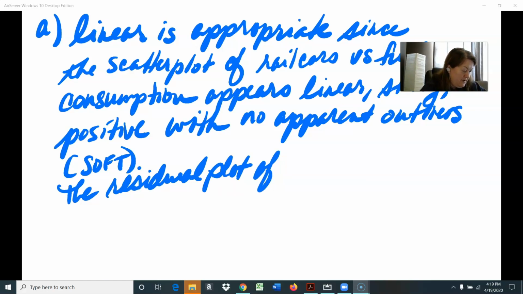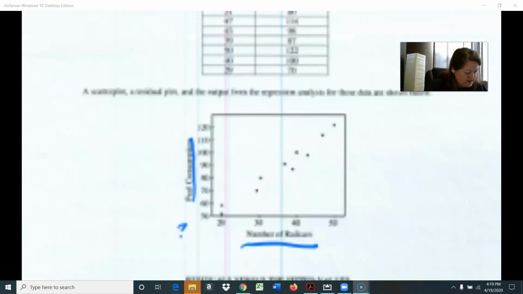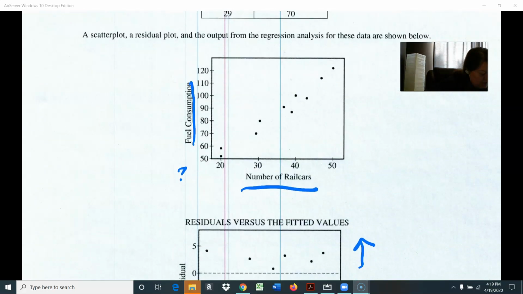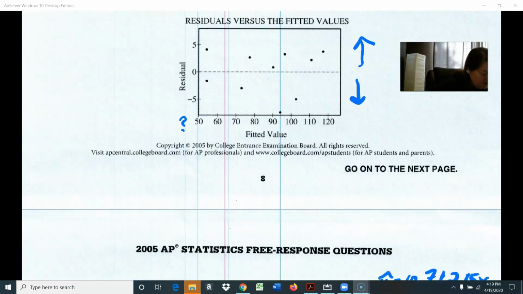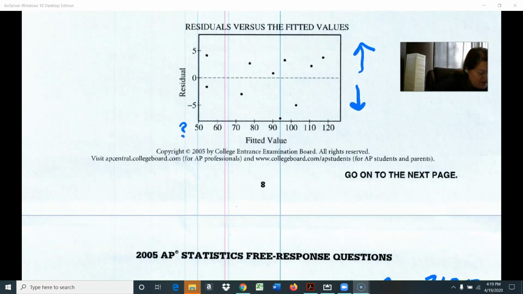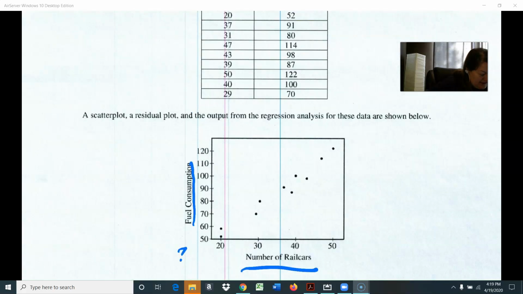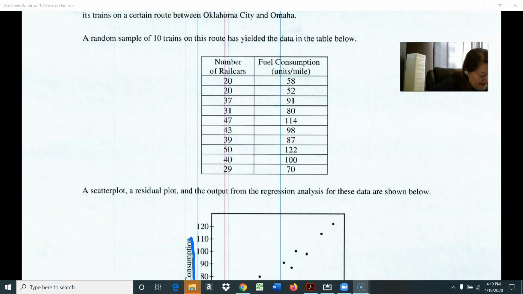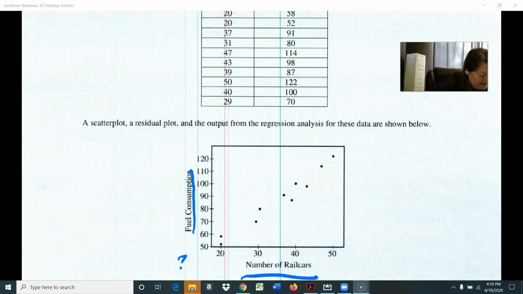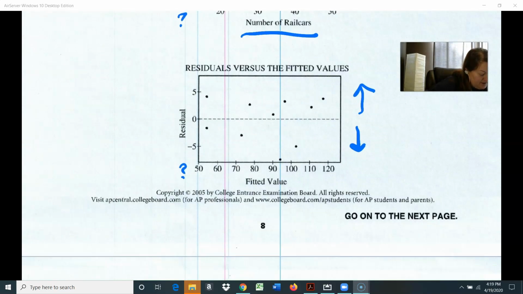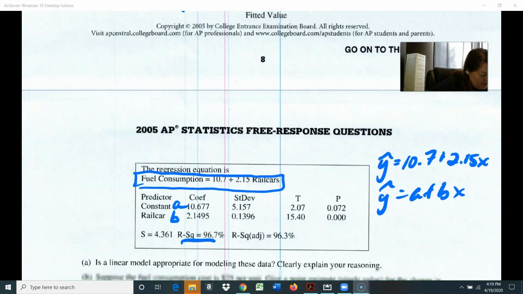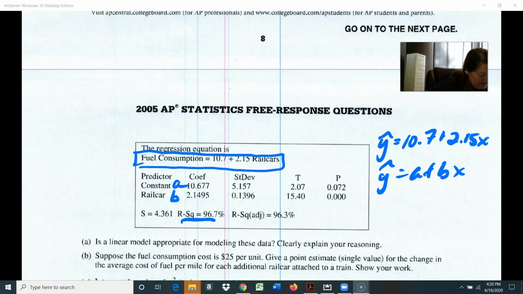rail cars. So was it really rail cars? Let's go back. This went up to about 50 rail cars. Over here we've got 120 rail cars. So it definitely looks like they changed the x a little bit, and yet they didn't tell us how, right? We didn't get any x's that went up that far. So now I feel like I kind of have to avoid the residual plot because I don't know if that residual plot did anything.